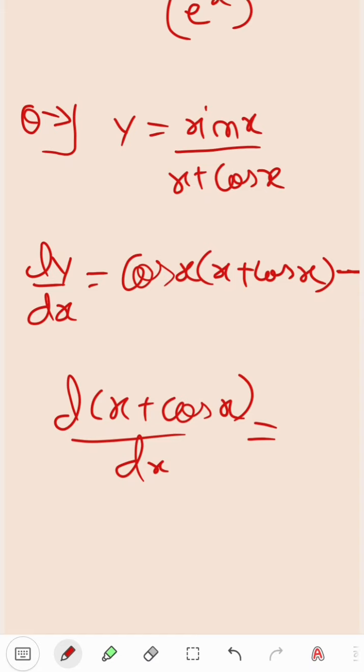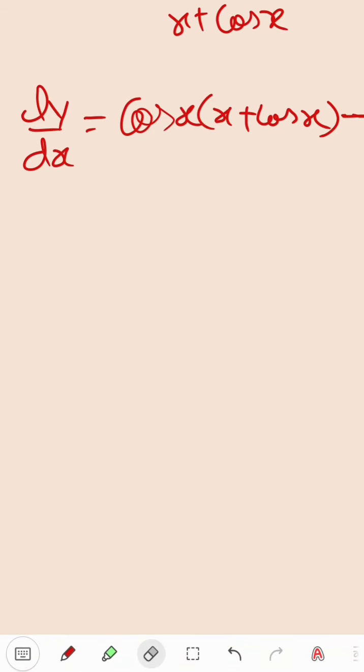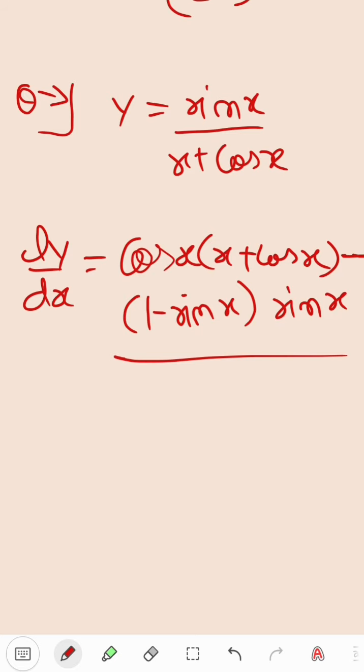This would be the derivative of x, that is 1, plus the derivative of cos x, which is minus sin x, giving us 1 minus sin x. So the derivative of x plus cos x is 1 minus sin x. So minus the derivative of the second function, which is 1 minus sin x, into the first function as it is, which is sin x, and this whole divided by the square of the second function, which is the square of (x plus cos x).